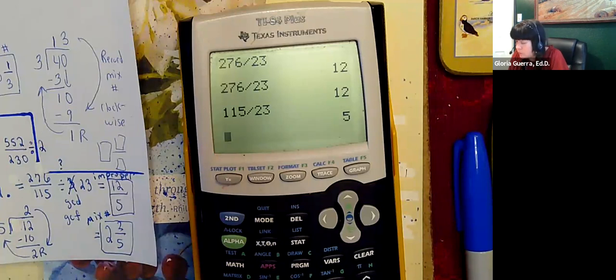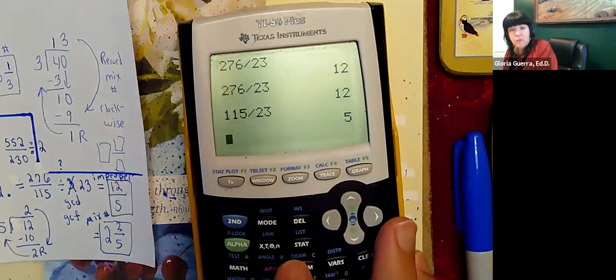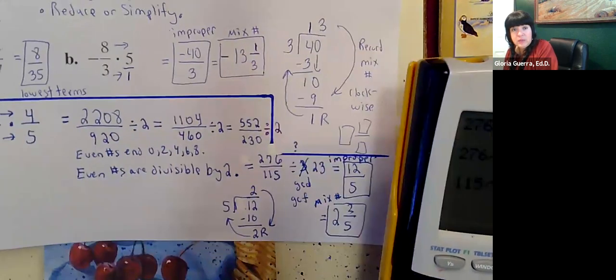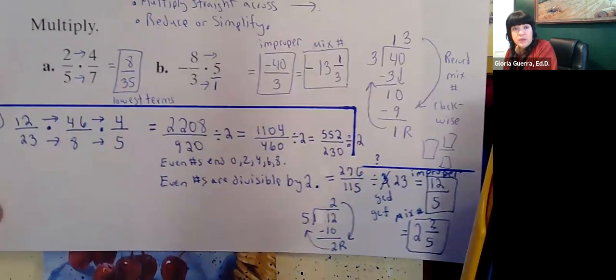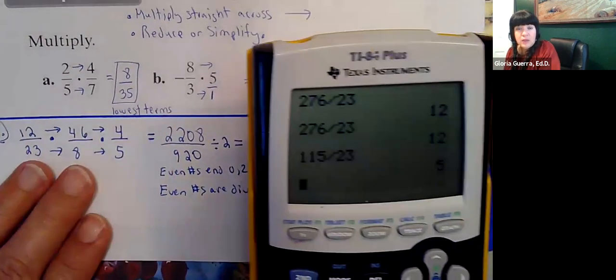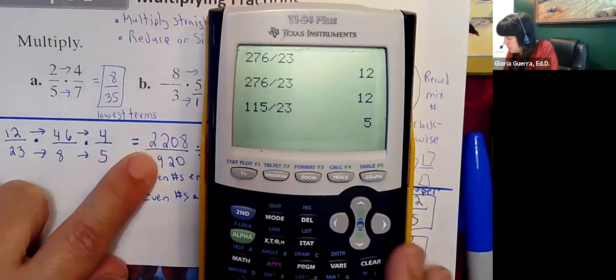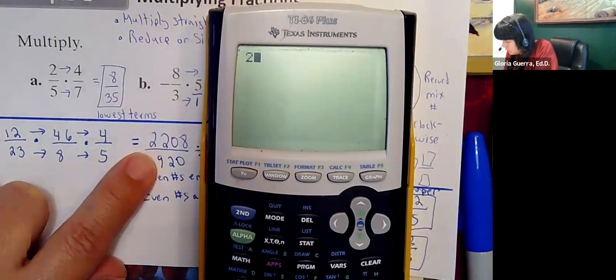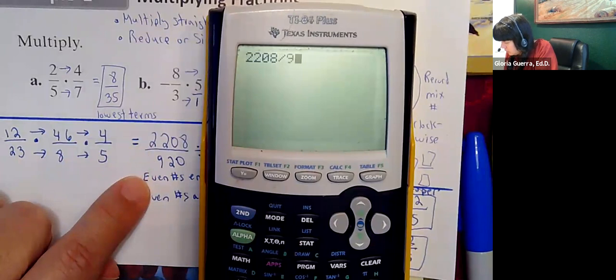Now, it's good to be able to reduce on your own. But you know from chapter 4 in the calculators, TI-84s and the probability chapter, we do have a math frac key. So if I go back and double check what we did, you would still need to multiply across straight and get these big numbers, and then divide 2,208 divided by 920.